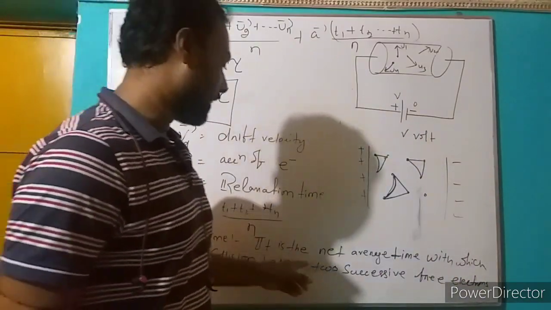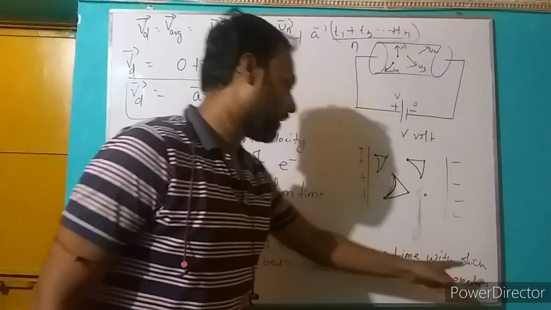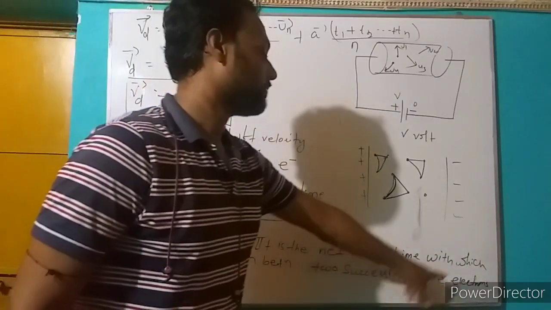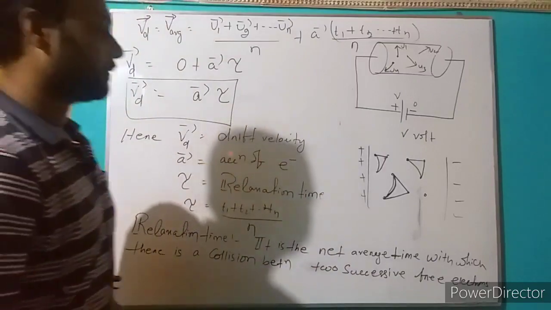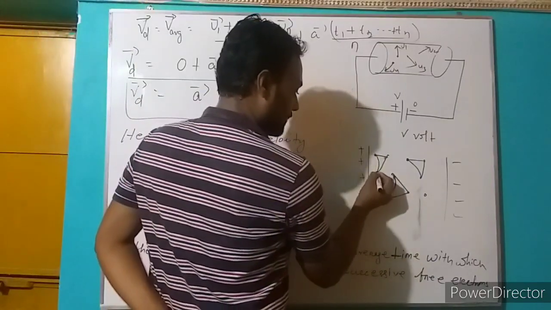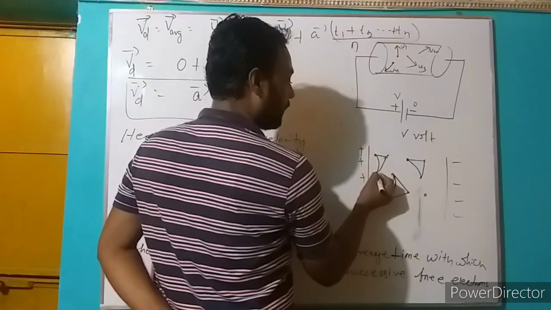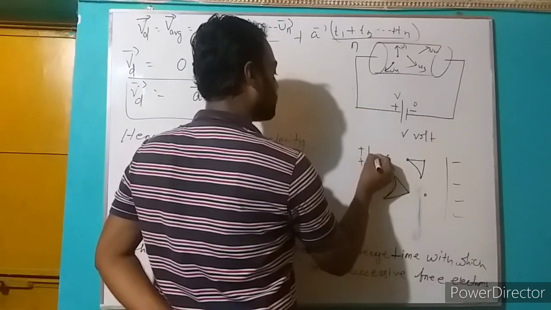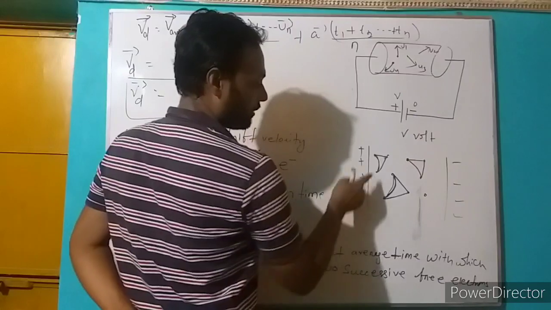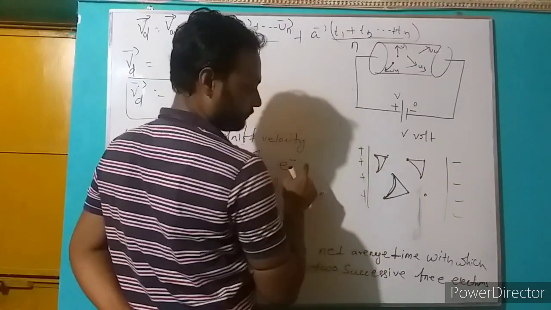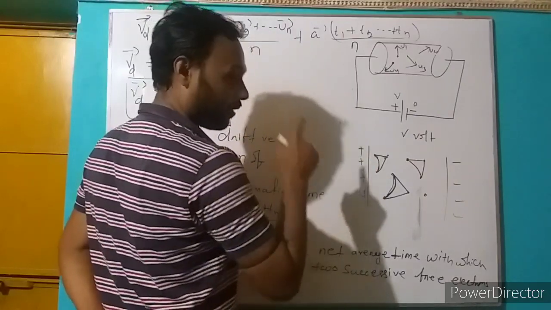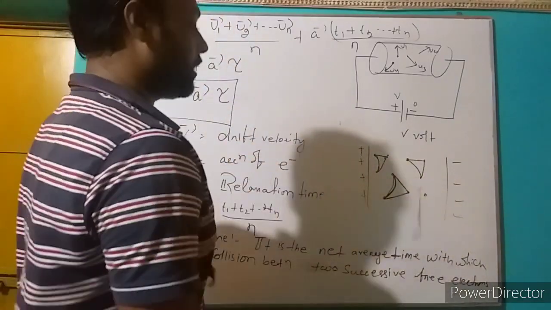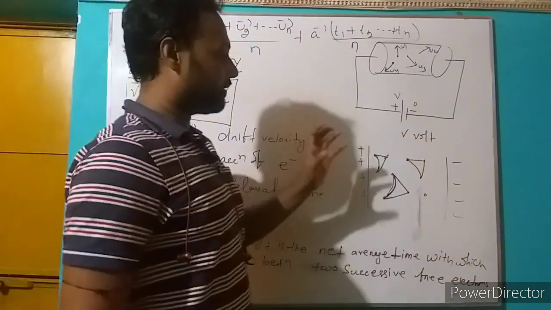So relaxation time is the net average time with which there is a collision between two successive free electrons. Here is another definition.